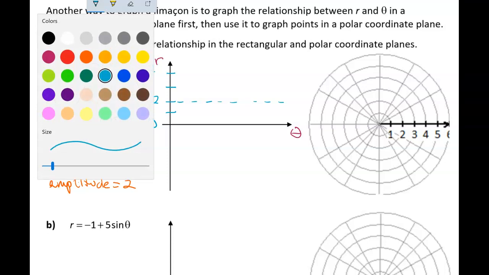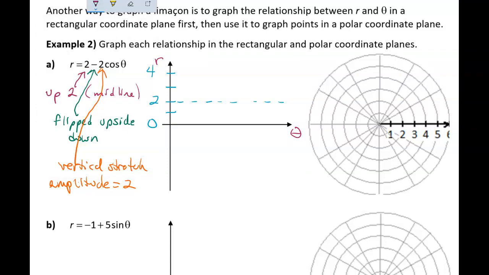An upside down cosine starts at its minimum and then heads into the middle, up to the maximum, back to the middle, and then back to the minimum. So it's going to look like this. The angle measures are 0, 90, 180, 270, and 360.